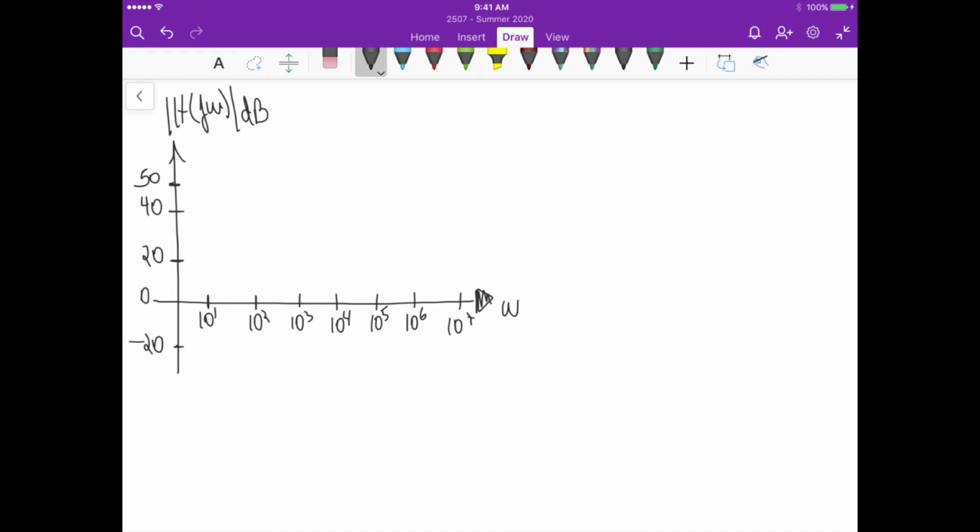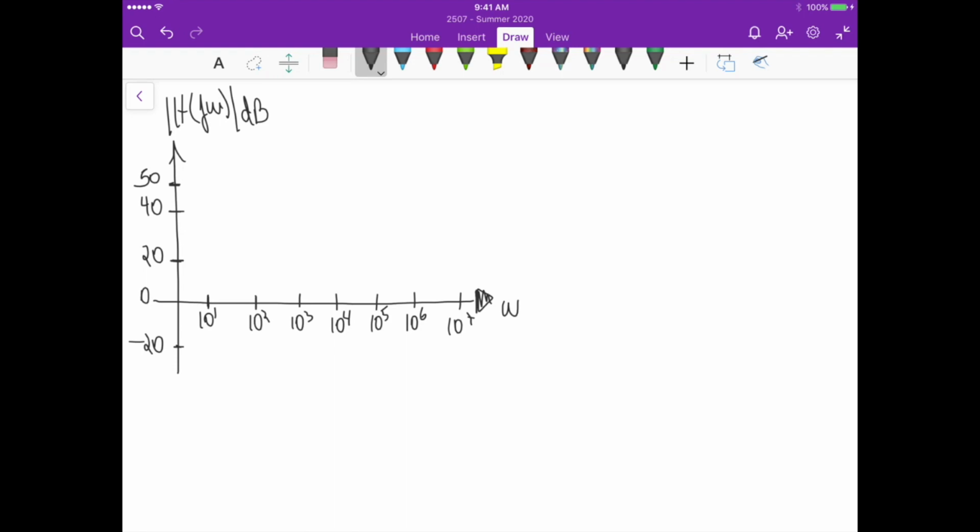So if we get what's the 3 dB frequency, right? The 3 dB frequency happens exactly, we have calculated, we want that to be at, let me see, it's 1k.